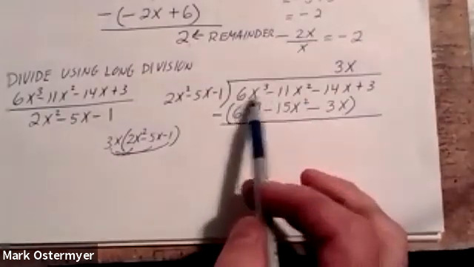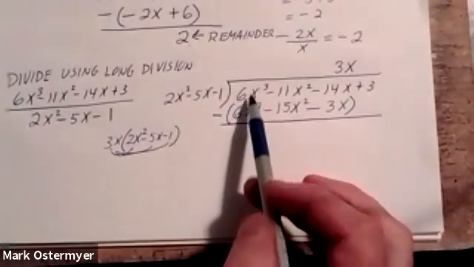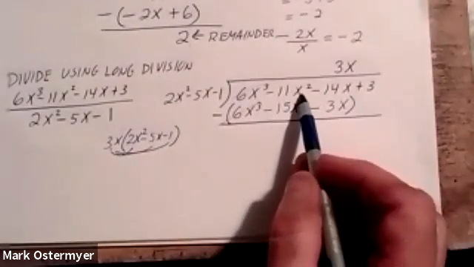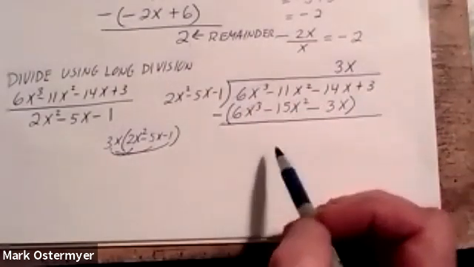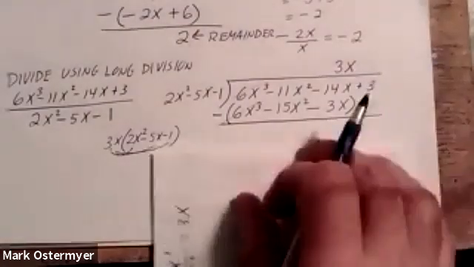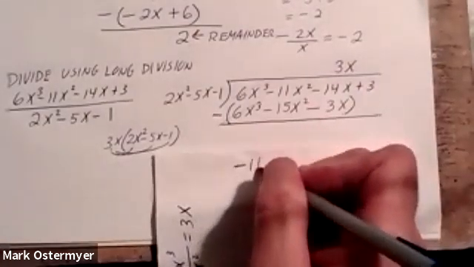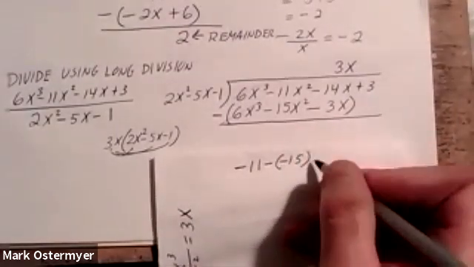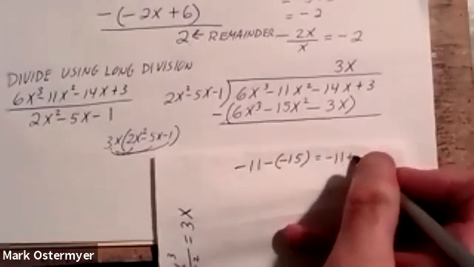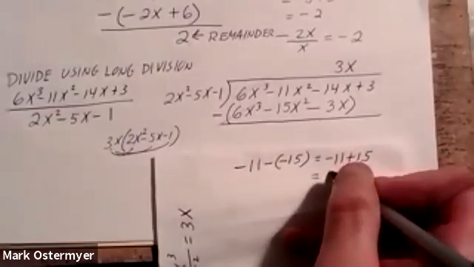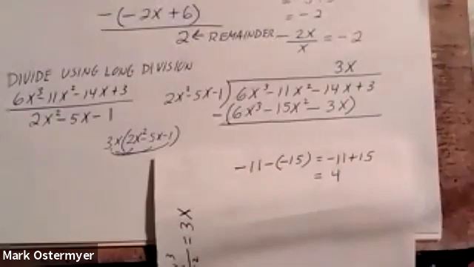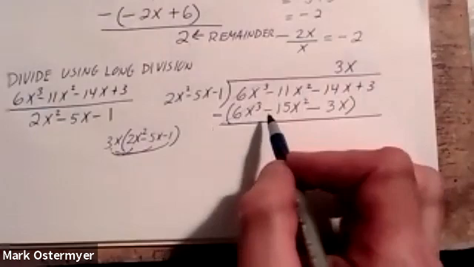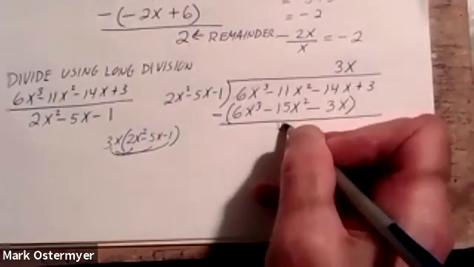What happens to the x cubed term? 6x cubed minus itself is 0. What's negative 11x squared subtract negative 15x squared? What's negative 11 minus a negative 15? It's negative 11 plus 15, which is 4. Negative 11x squared minus a negative 15x squared is 4x squared.